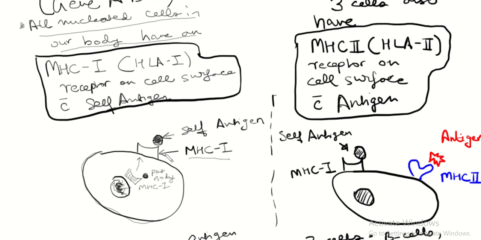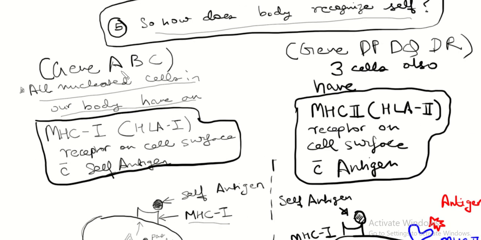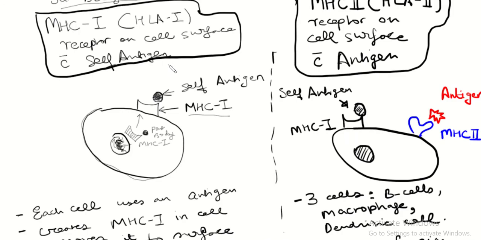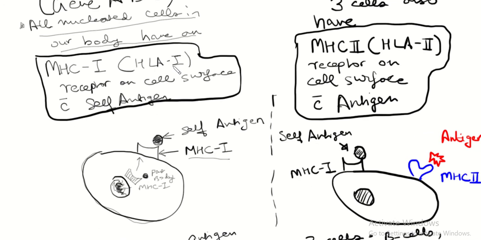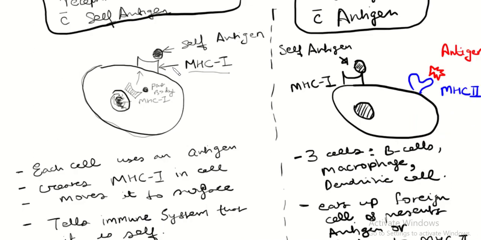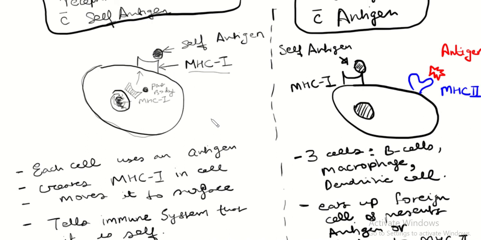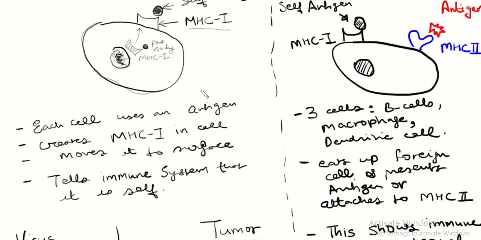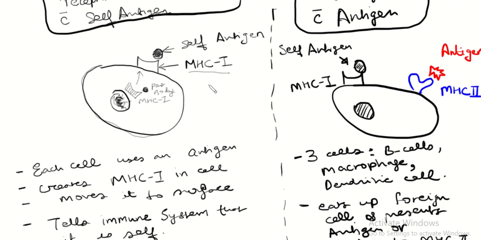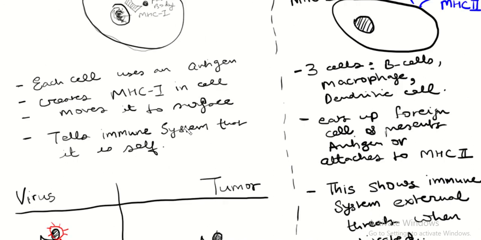Now there are three genes, A, B, and C, in one of our chromosomes that help us create this receptor on our cell. And this receptor with the self-antigen basically tells the cells in our immune system, hey, it's me. I'm your brother. I'm your friend. Let's not fight. I'm one of you.